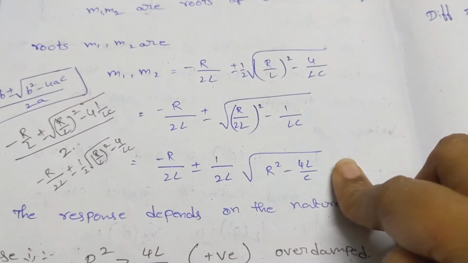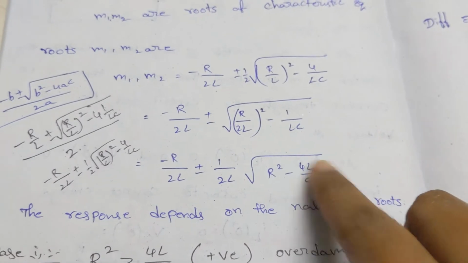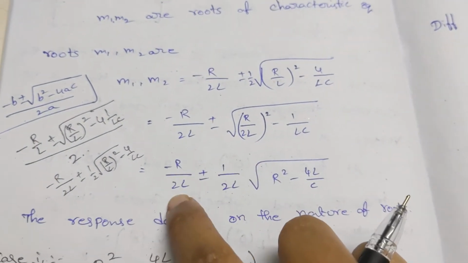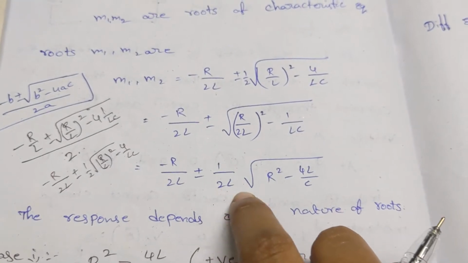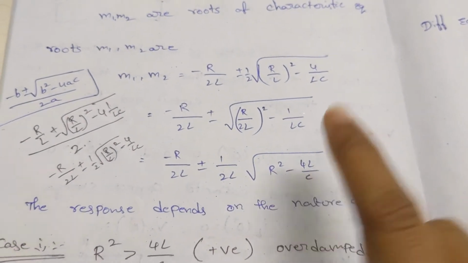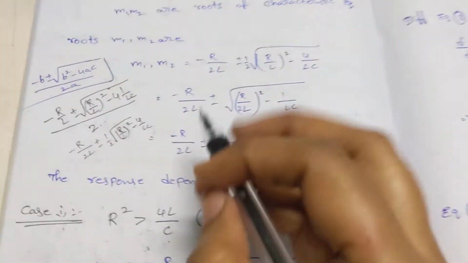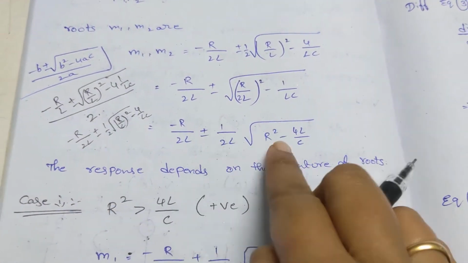So when you rearrange the elements, it becomes minus R divided by 2L plus or minus 1 divided by 2L root over R square minus 4L by C. So these are the roots.